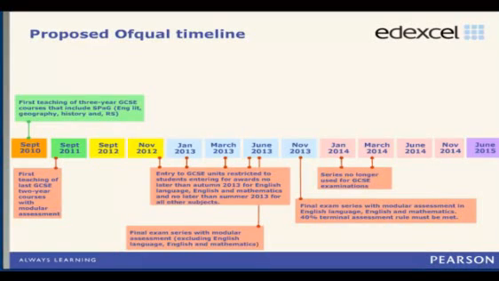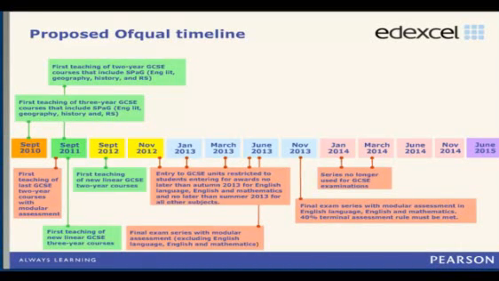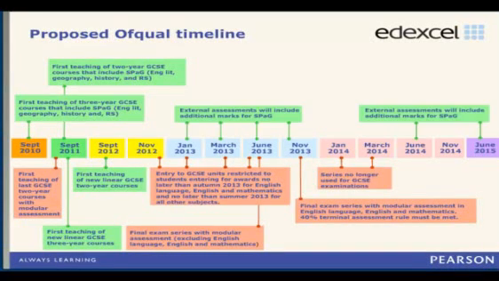This is September 2010, the first teaching of three-year GCSE courses that includes spelling, punctuation and grammar. This is the first teaching of two-year GCSEs, September 2011. The first teaching of new linear GCSE three-year courses, September 2011. Two-year GCSE linear courses, September 2012.